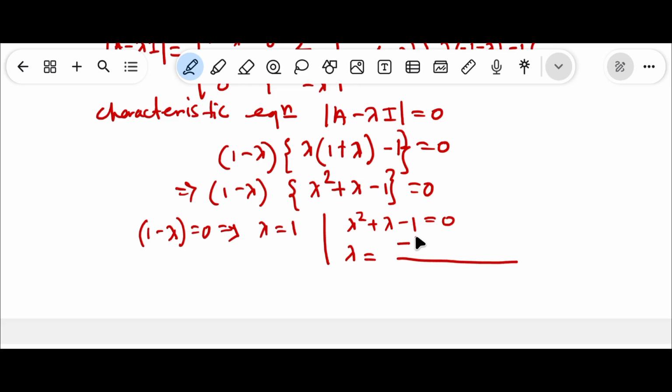So that will be minus b, that is minus 1, plus minus root over b square, that is 1, minus 4ac, so 4 into a is 1, c is minus 1, by 2 into 1. Okay, so therefore it is minus 1 plus minus root 5 by 2. Therefore our eigenvalues are 1, and minus 1 plus minus root 5 by 2. Okay, we are getting 3 eigenvalues from here.